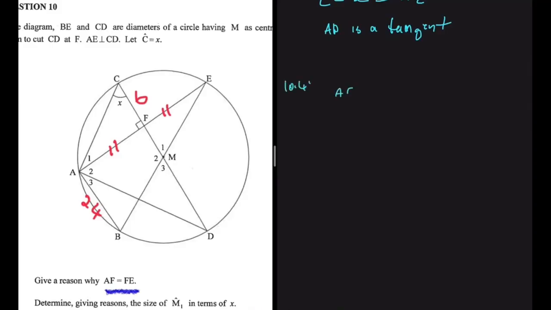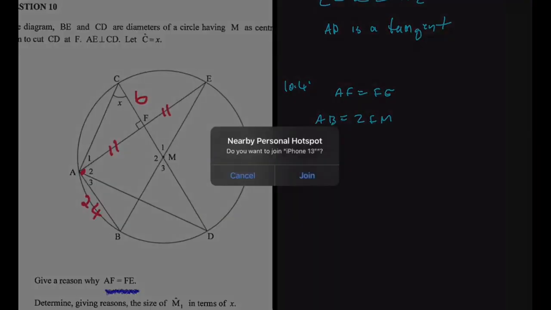So AF is equal to FE. But at the same time, we can say that AB is equal to twice FM. We can say that this side here, AB, is equal to 2 times FM. Why are we saying that? We have a triangle, right? ABE.